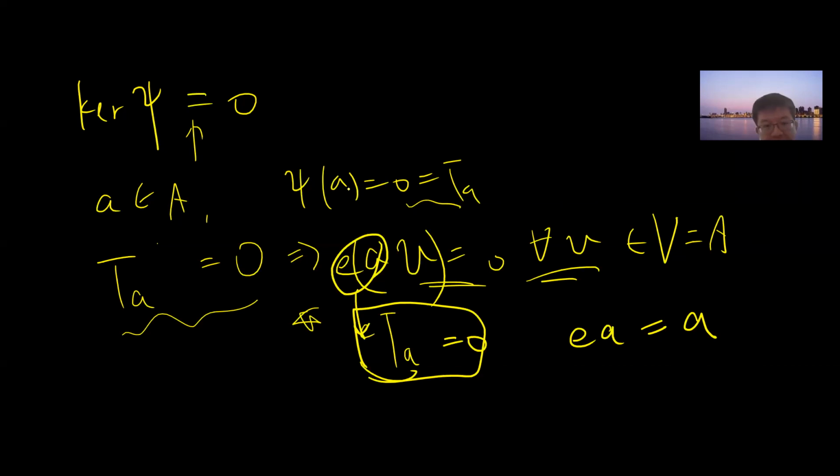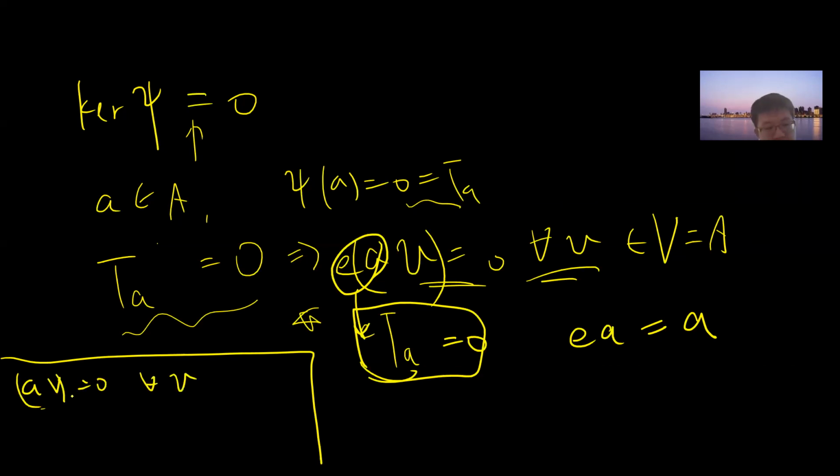Now these two objects are abstract elements multiplied in an algebra, so it's not guaranteed that ab is 0 will imply a is 0. Maybe there is some element which kills everyone. But the identity exists, so that means eav is 0, but ea is a.